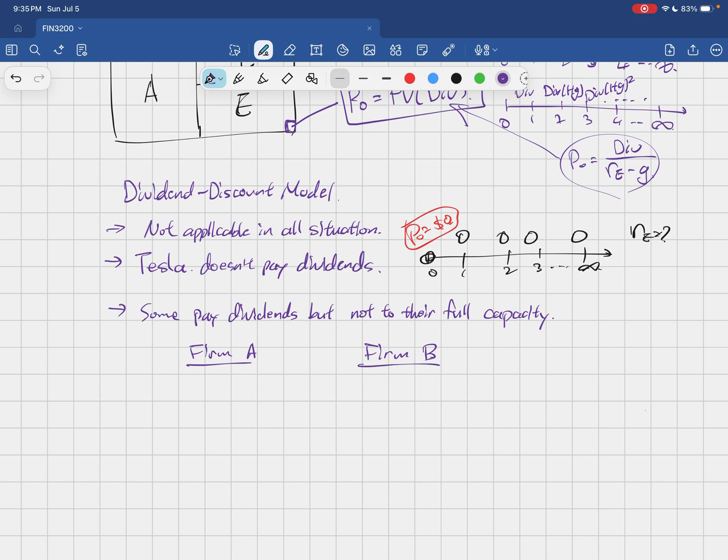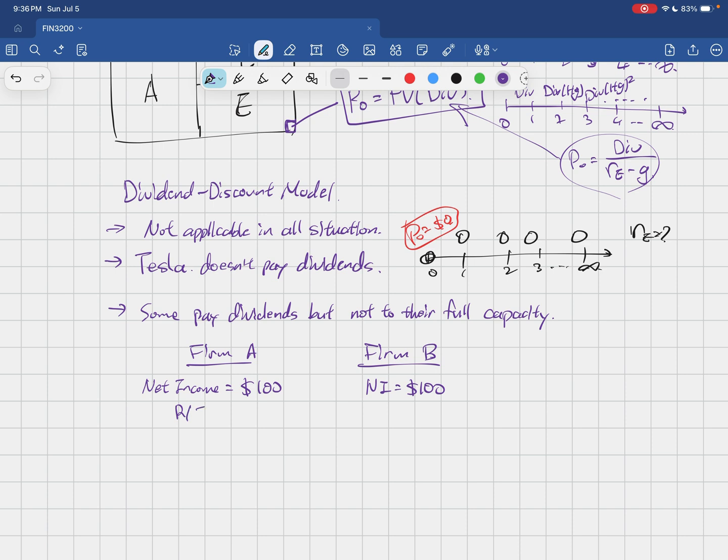They operate in the same industry. Their firm size, asset size is the same. They have the same product, same revenue. Everything is the same. The only thing that's different is their dividend policy. We'll say net income for both firms is $100.